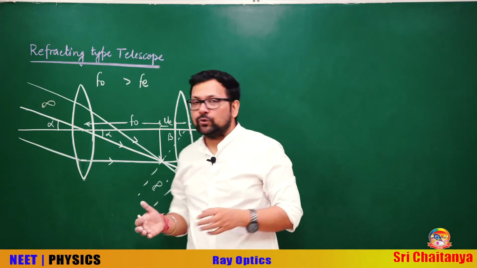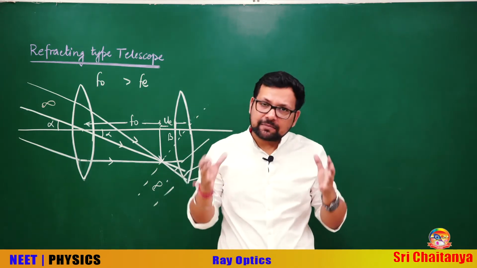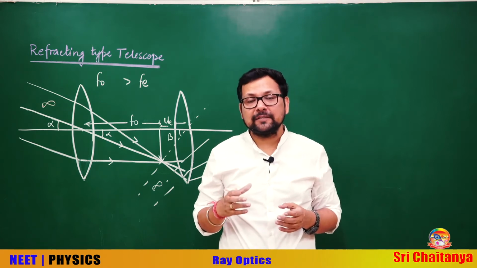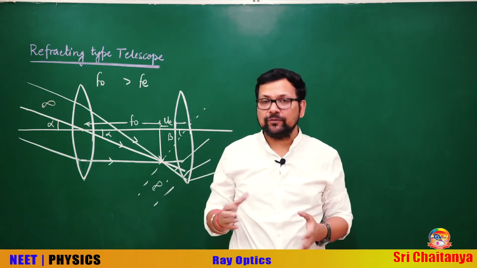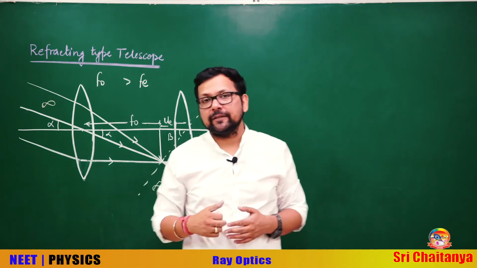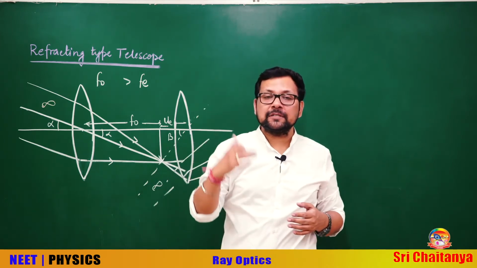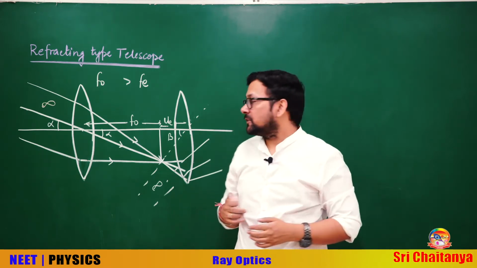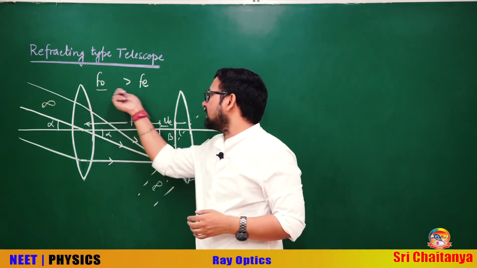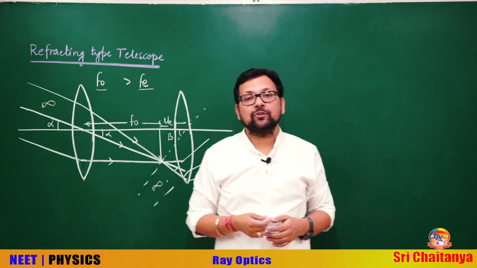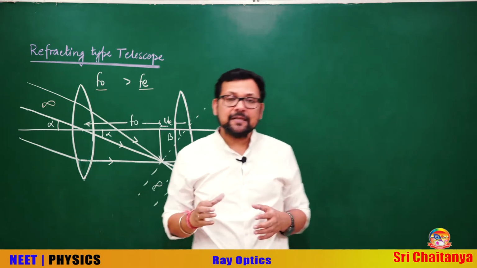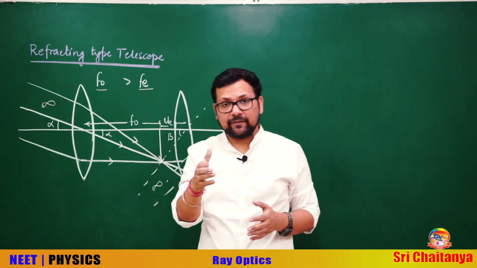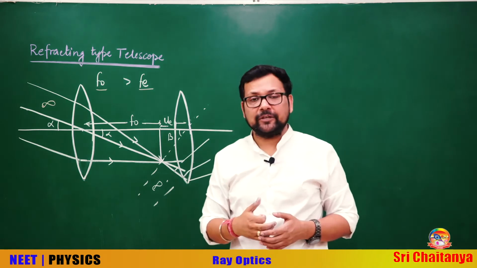Also, to take a maximum amount of rays, so that the intensity of the image is fair enough to view clearly, we make the aperture a little larger. So, you can see the focal length of the objective here is greater than the focal length of the eyepiece, as the aperture of the objective is greater.